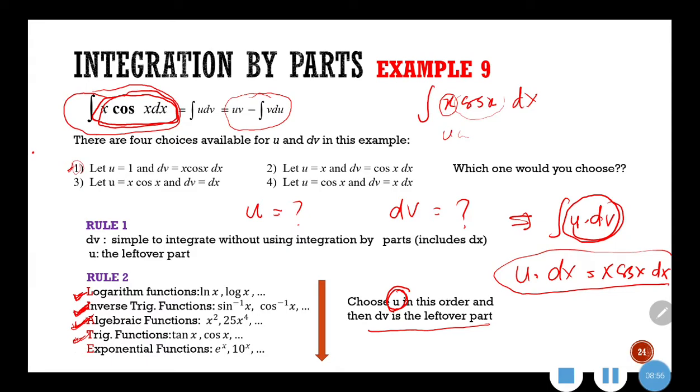Then last yang bawahnya exponential. Kalau ada exponential, we choose exponential provided dalam tu tak ada algebra ataupun trigonometric function. Kalau tak, kita akan pilih diorang dulu sebab the highest priority is the algebra function, then followed by trigonometric function, then exponential function. Alright? Okay.